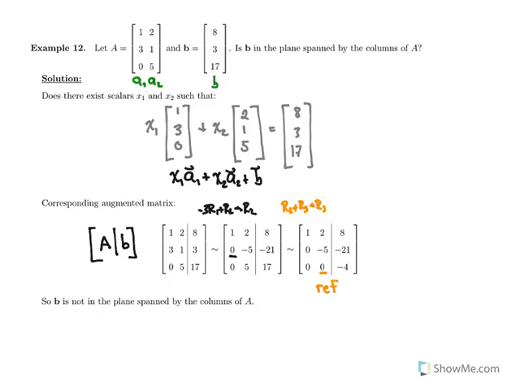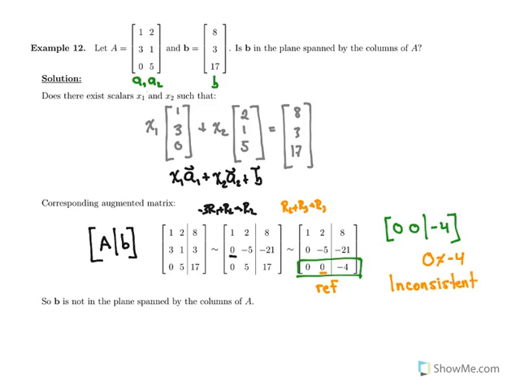And we see that we have a problem. We have this row 0, 0, -4. This corresponds to the linear equation 0 equals -4, which is a problem because that doesn't work out. So this is an inconsistent system.